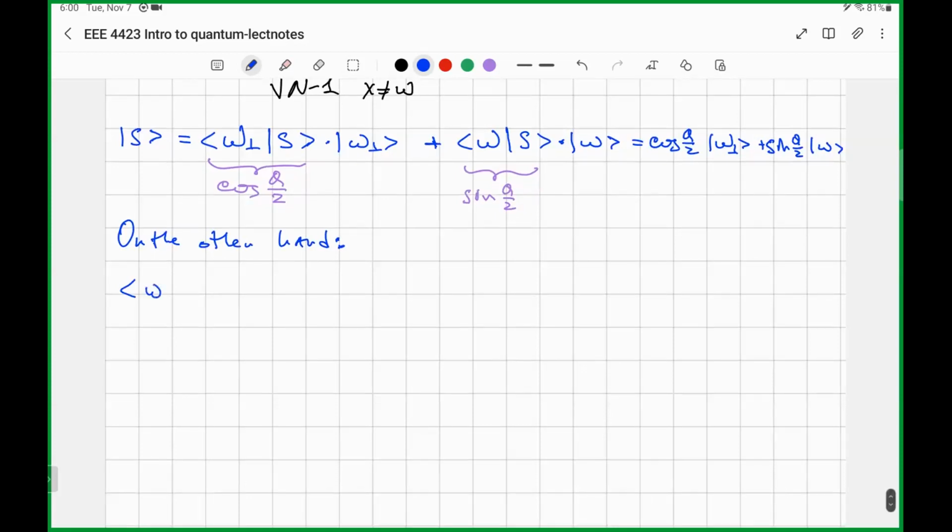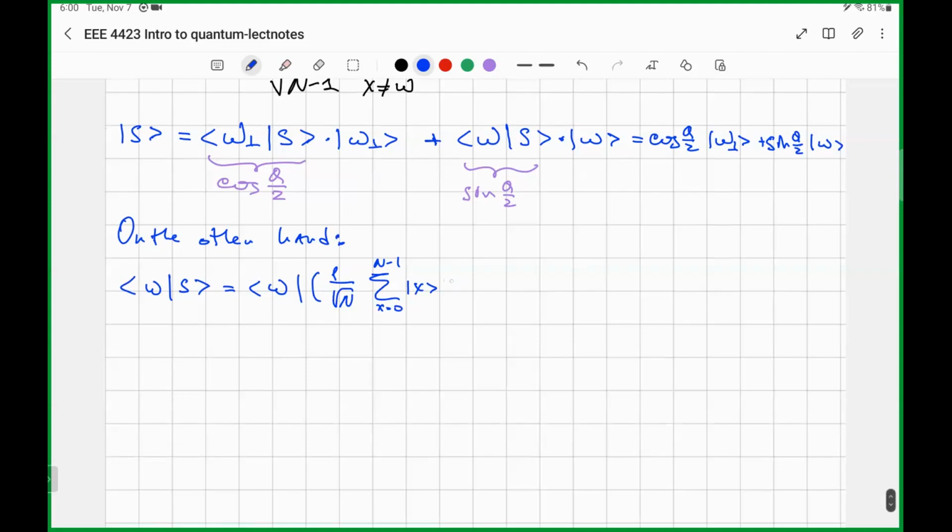So, for example, for the state omega inner product with state S, we have omega, right? And then for the state S, we have this 1 over square root of n summation over all possible states from 0 up to n minus 1, state x.